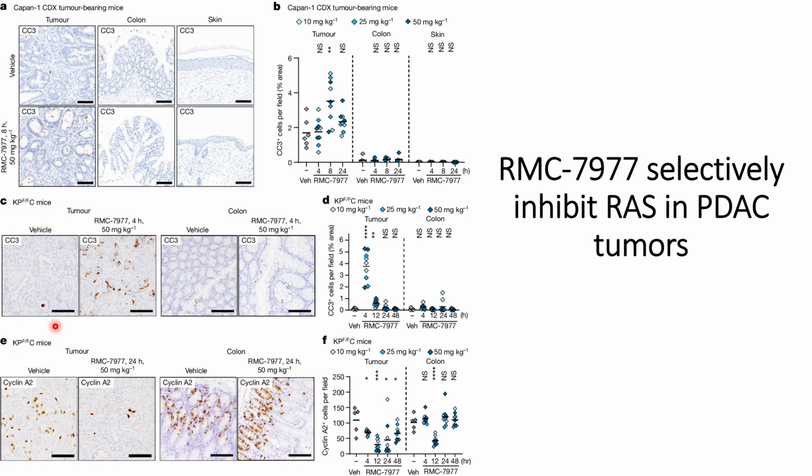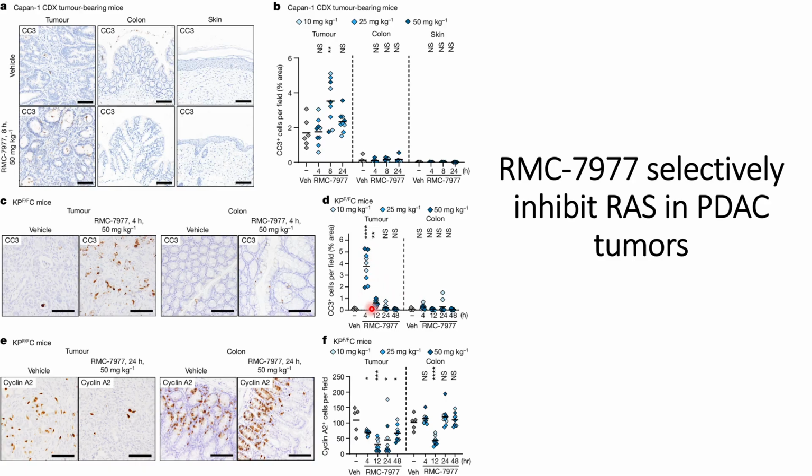At the tumor site, they see the increase in CC3 and it reaches its peak at 4 hours after injection of 50 milligram per kg of RMC-7977, whereas at the colon site they do not see a significant increase in CC3. These are quantified, similar to panel A, in panel D, where at 4 hours after injection at different concentrations we see a peak, and after that it goes down.